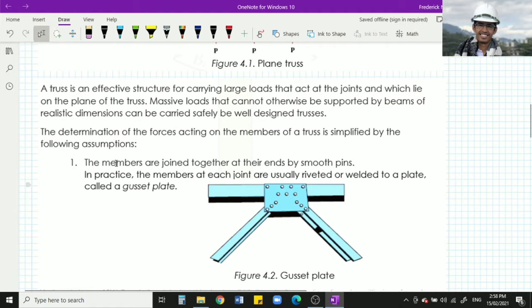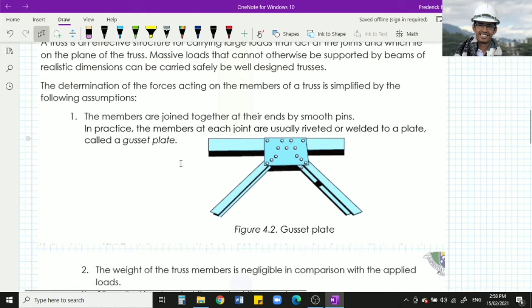Let's continue. The determination of the forces acting on the members of a truss is simplified by the following assumptions. These are our assumptions in analyzing construction trusses. First, the members are joined together at their ends by smooth pins. Like I said, the members of trusses are considered joined together by pins. So it is pin connected.